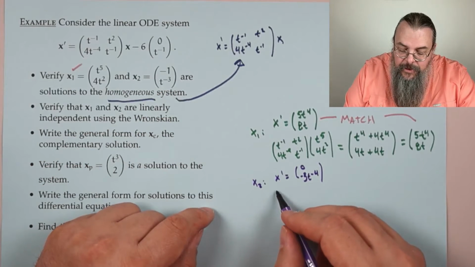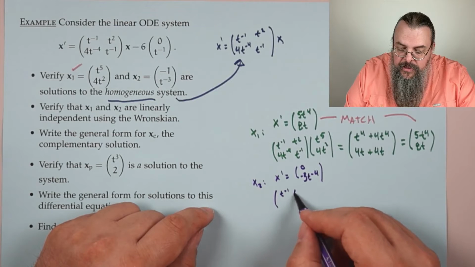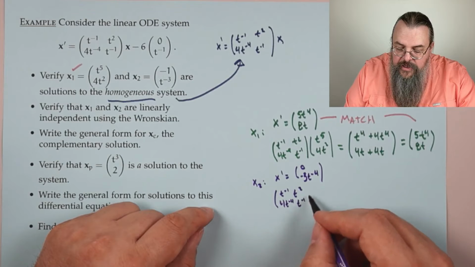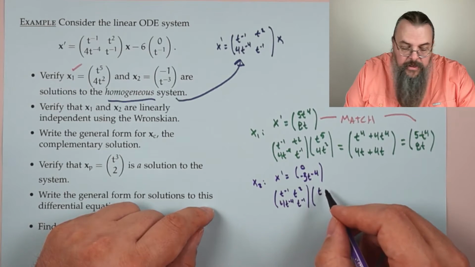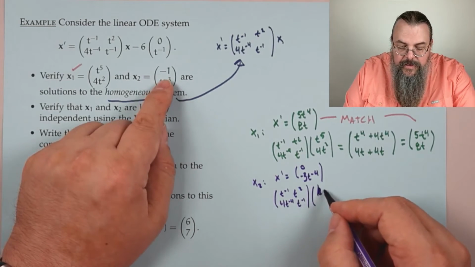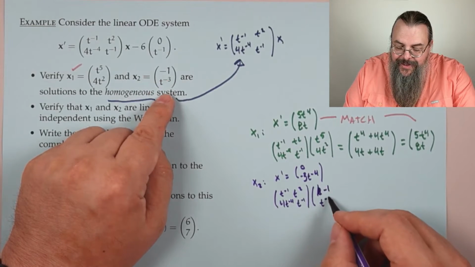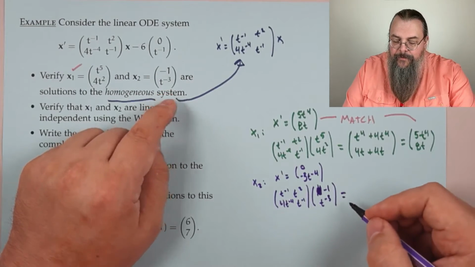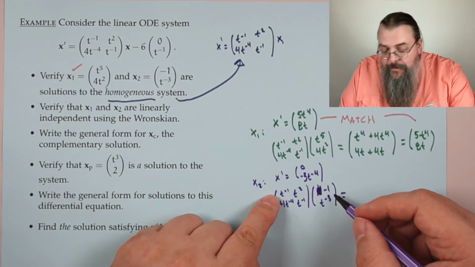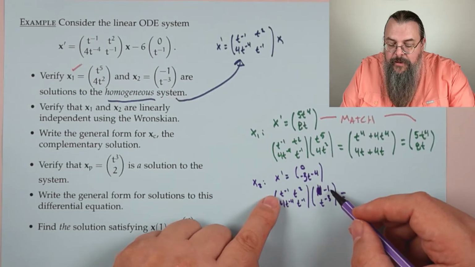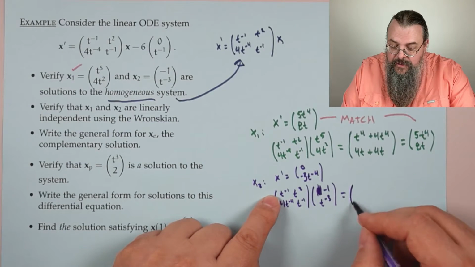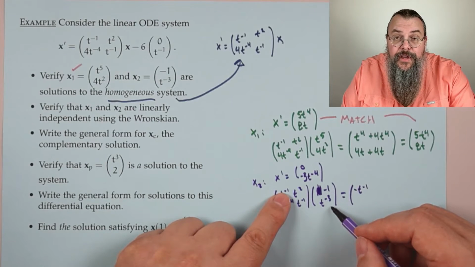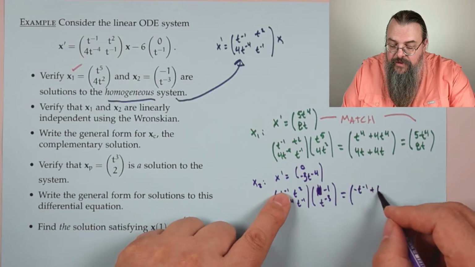Okay, and now we're going to multiply t to the negative 1, t squared, 4t to the negative 4, t to the negative 1, times negative 1 and t to the negative 3. Got to keep track of which one we're working on. All right, so again, first row down the column. T to the negative 1 times negative 1 is minus t to the negative 1. T squared times t to the negative 3 would be a positive t to the negative 1.